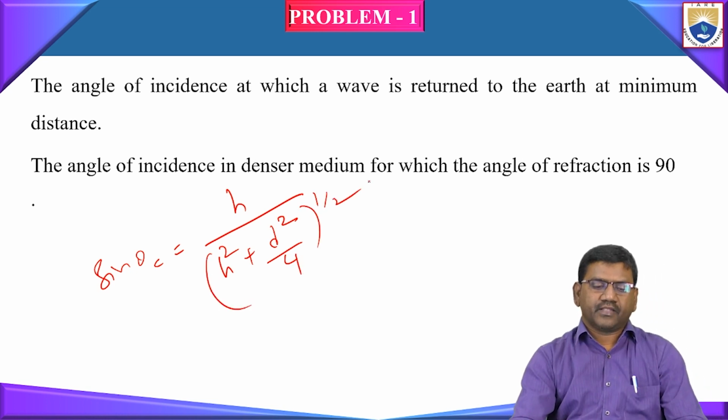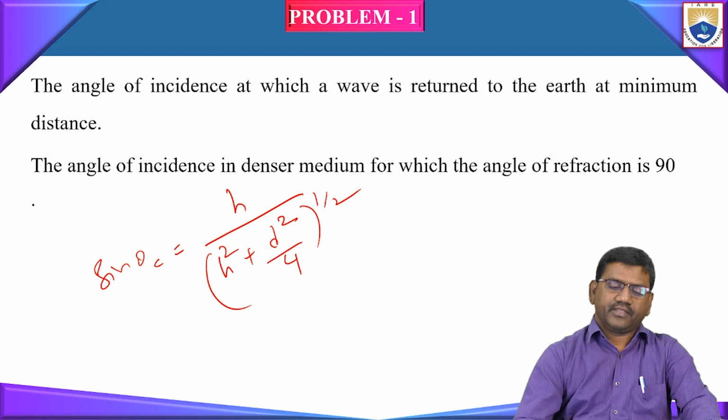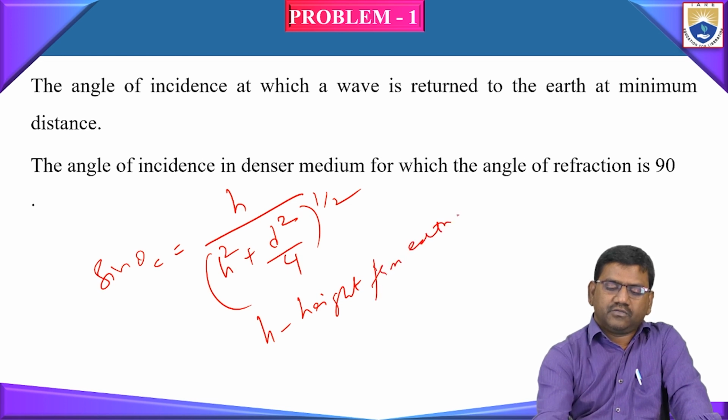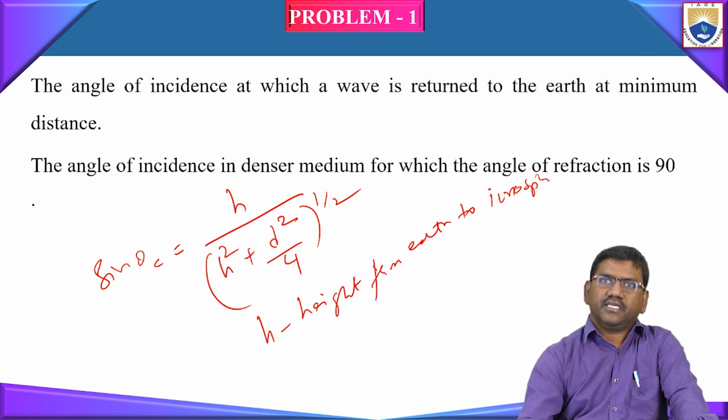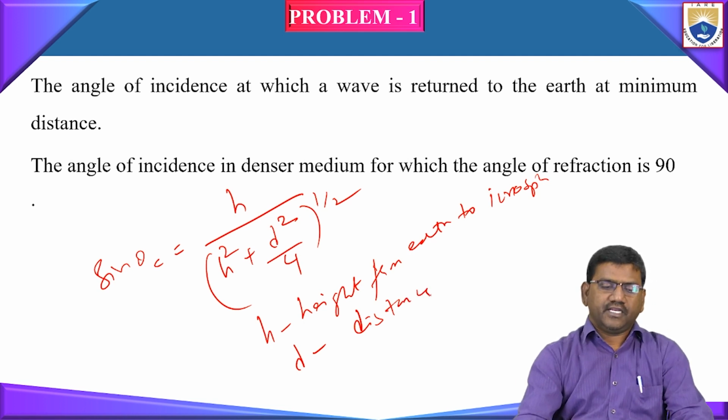Here h represents the height from earth to the ionospheric layer, and d represents the distance between the transmitting antenna and the receiving antenna.